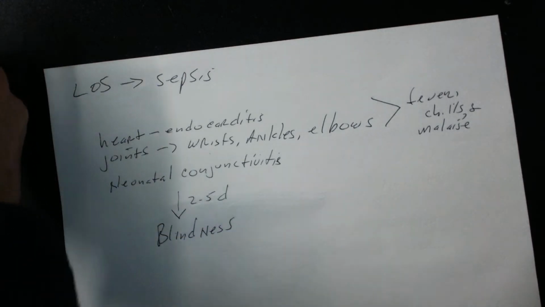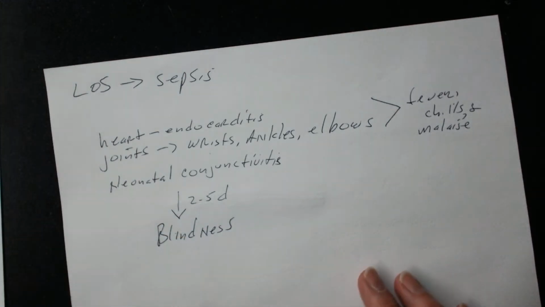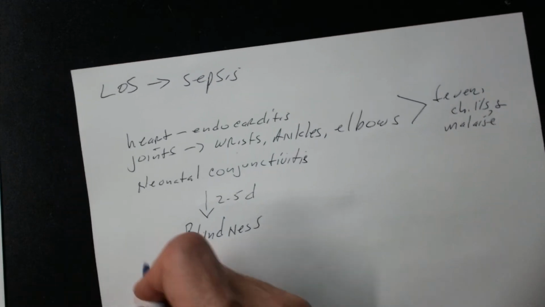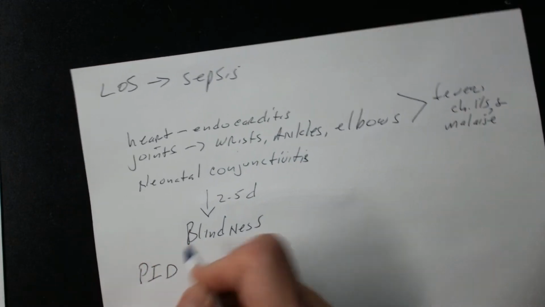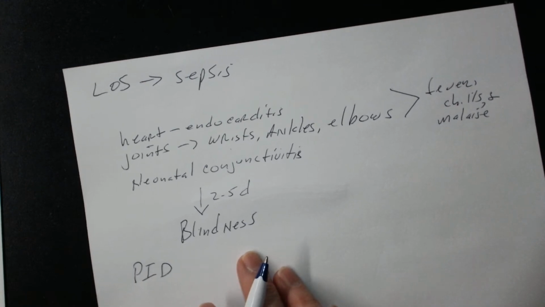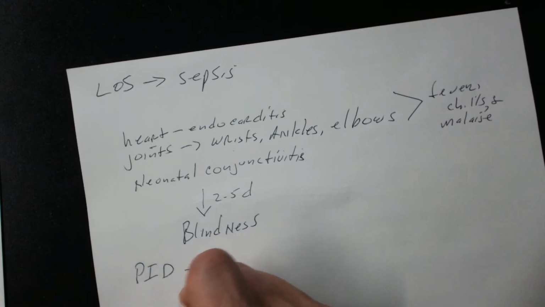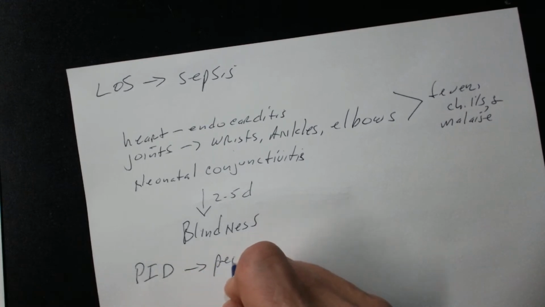And then, as also is the case with chlamydial infections, if you have pelvic inflammatory disease, you can have an infection of the peritoneum and then the Glisson's capsule that surrounds the liver.